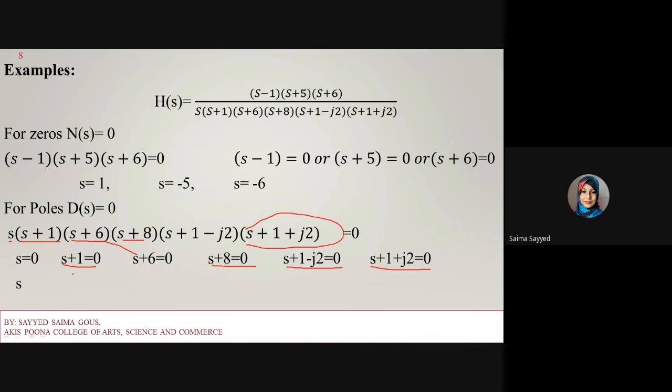Now solve this. So s = 0, s = -1, s = -6, s = -8, s = -1 + j2, since the minus times minus becomes plus, and s = -1 - j2.